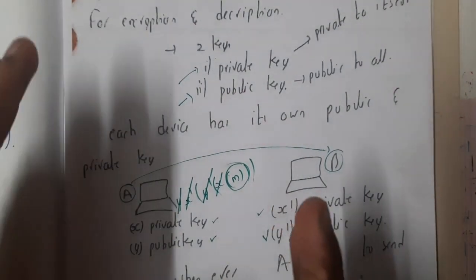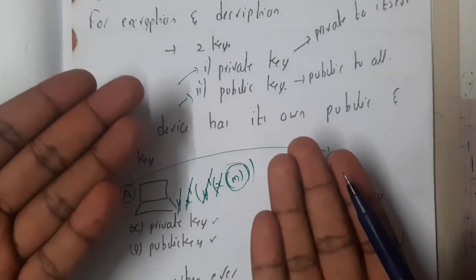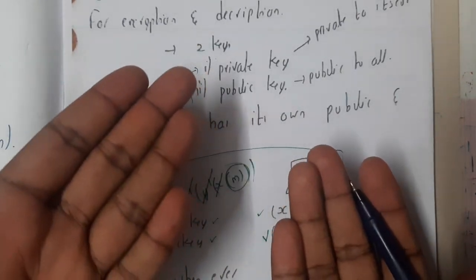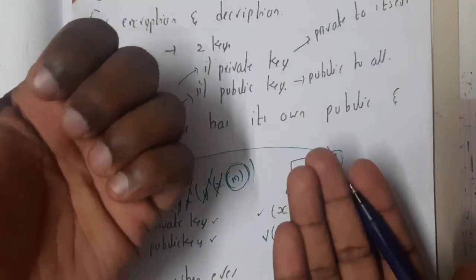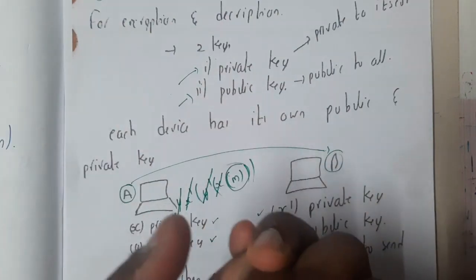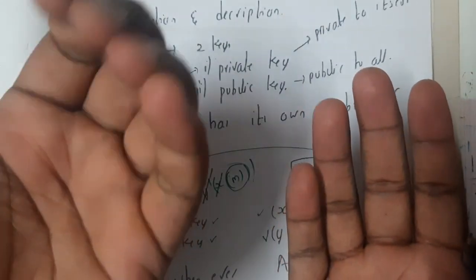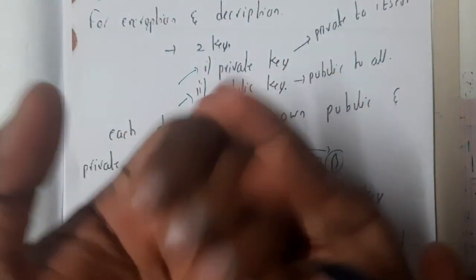So this is the logic of asymmetric keys, guys. You have a public key and a private key. When he is sending the message, he encrypts with his private key and then the receiver's public key and sends the message. Once it is received, the second user uses his private key to release it, and the sender's public key to unlock it, right?